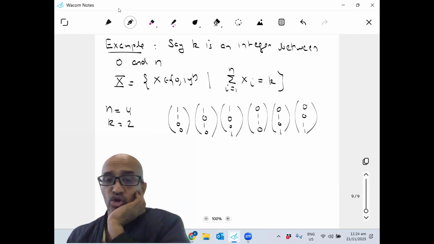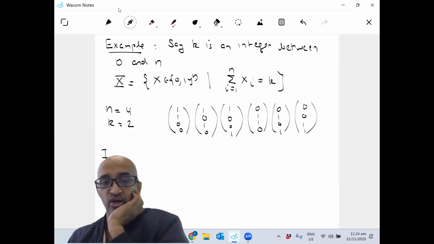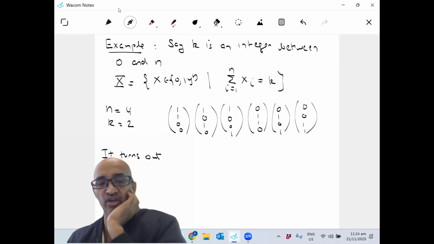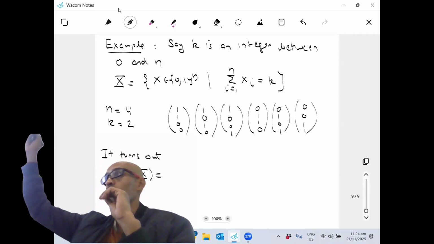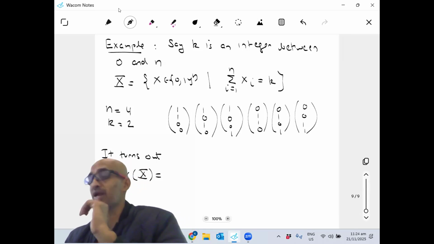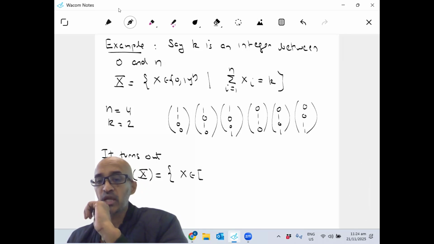The convex hull of this set, it turns out, and this is very easy to see. What is the convex hull? You take all these points and you write all convex combinations of these points. You can write this in the following way: x between 0 and 1, where the summation from i equal to 1 to n of x_i is equal to k.